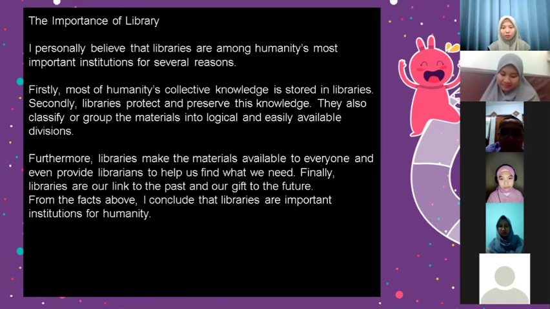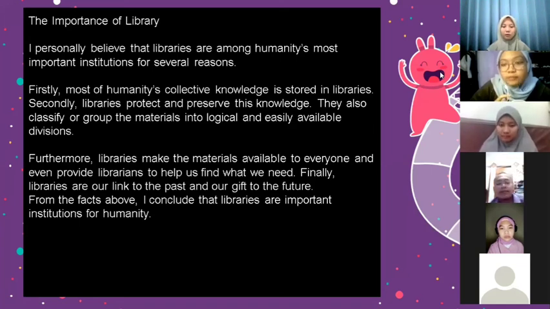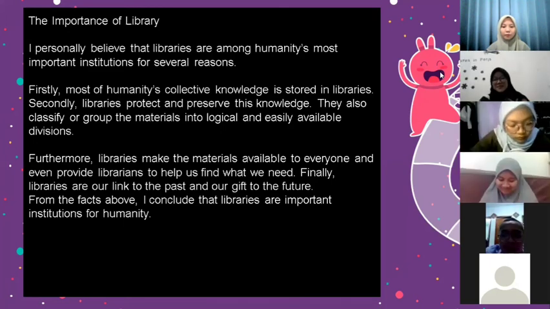Can you mention what language features are in the text? Yes, sir. There are mental process, simple present tense, internal conjunction, adjectives, and adverb. Excellent. Then, can you give examples of the mental process? Can I try, sir? Yes, Tika, go on.